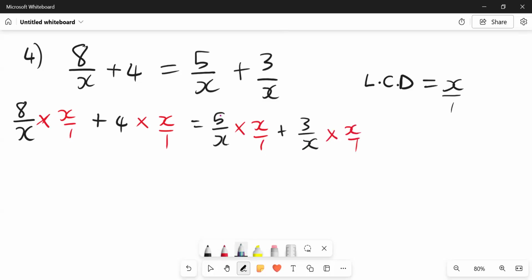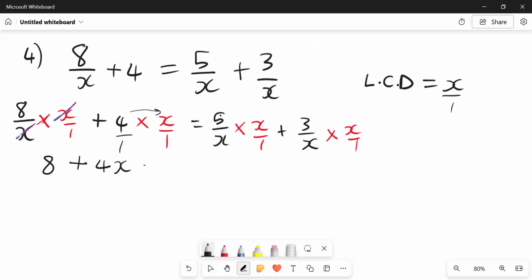By doing that, you can see this is a numerator and a denominator. Multiply, they're cross multiplying, which means they cancel. Now you're left with 8 over 1. 8 over 1 is just 8. Same applies with these two. 4 times x, that's 4x. And then 1 times 1 is just 1, right?